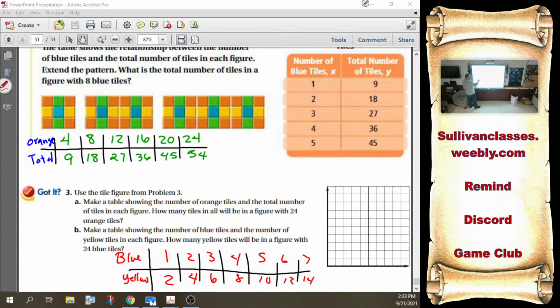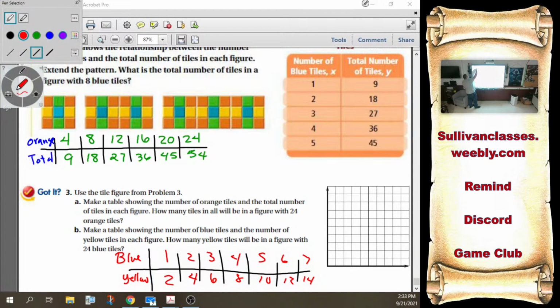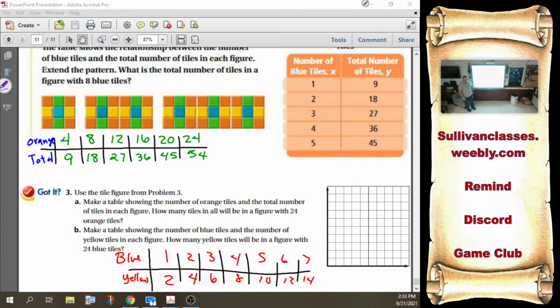Okay, it doesn't ask for that, but could you now tell me what those are as equations? Y is what times x? What do I multiply 4 by to make 9? It's a fraction.